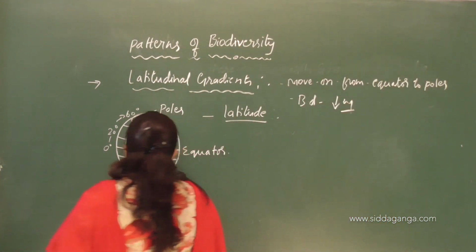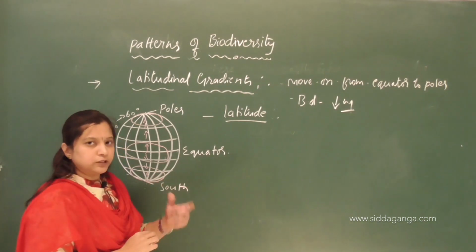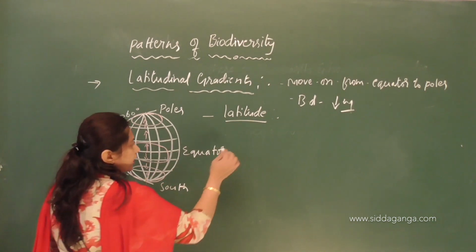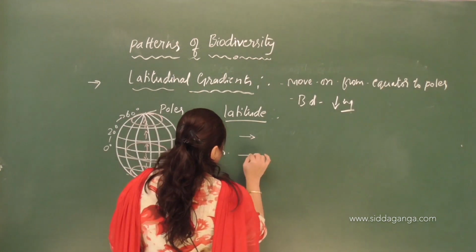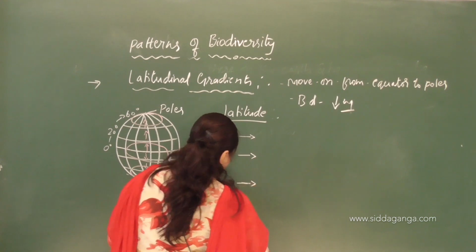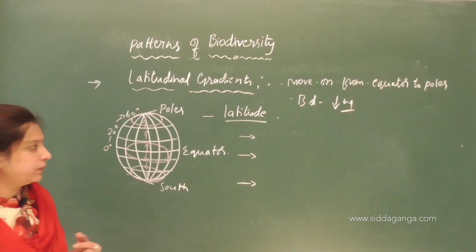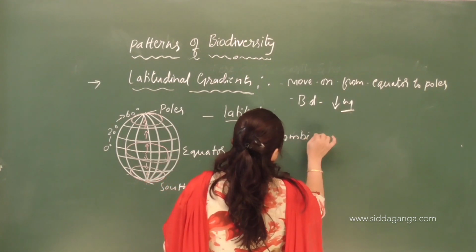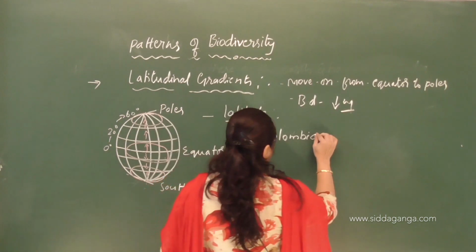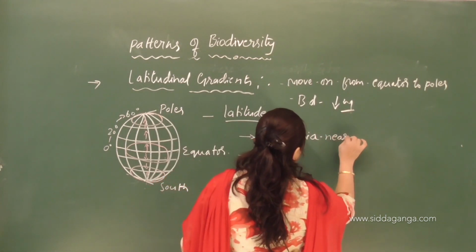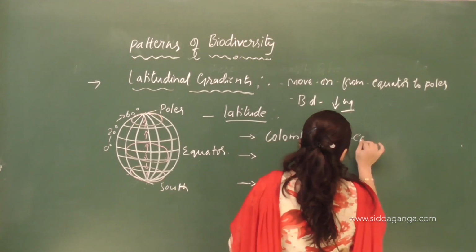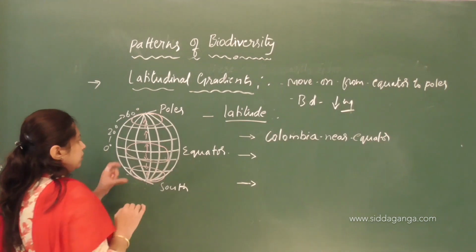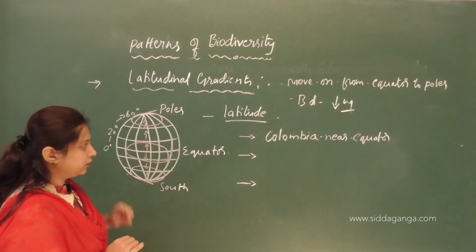Here I will give you 3 examples. I will give you some places and compare the biodiversity in those places. One is Colombia, which is located near the equator.